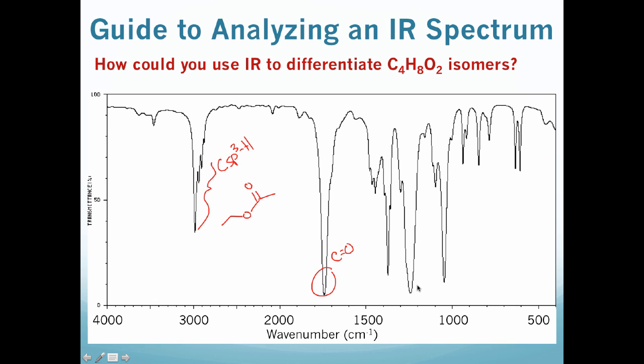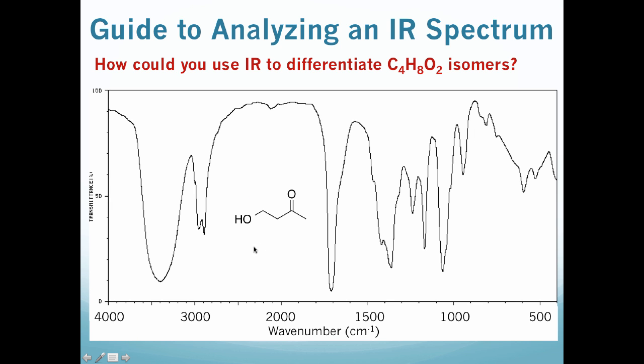We also see right here at about 1250 the carbon sp2 oxygen stretch, and right here at 1050 the carbon sp3 oxygen stretch. This one corresponds to this bond, and this one corresponds to that bond.